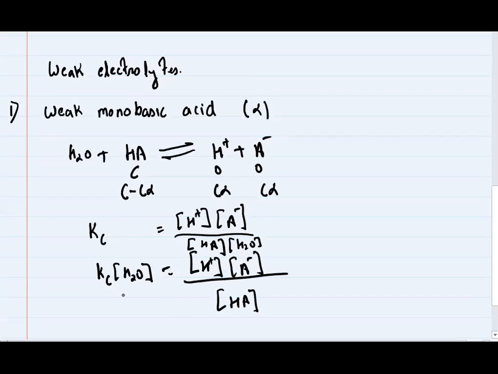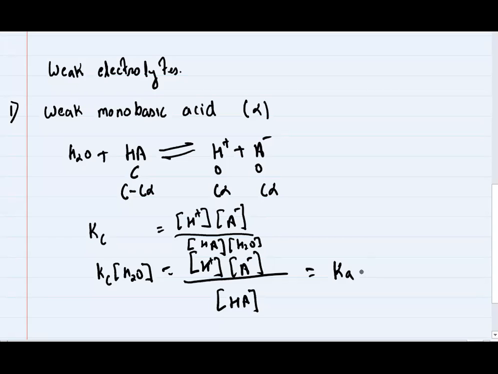Since the concentration of H2O is 1, we usually write it as Ka. So Ka is concentration of H plus into concentration of A minus by concentration of HA. Anyone have any issues till this point?